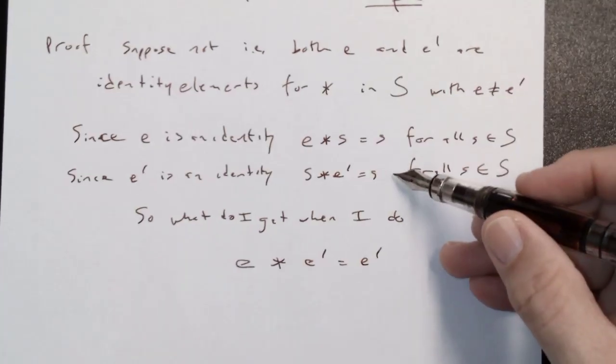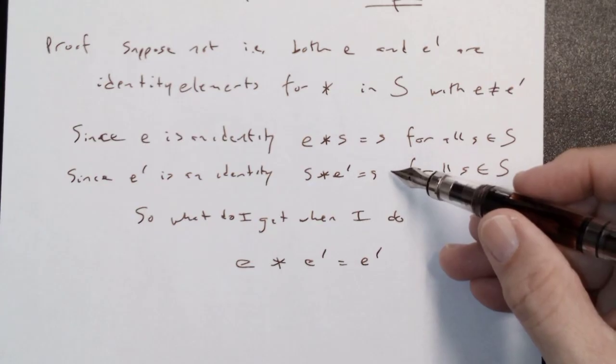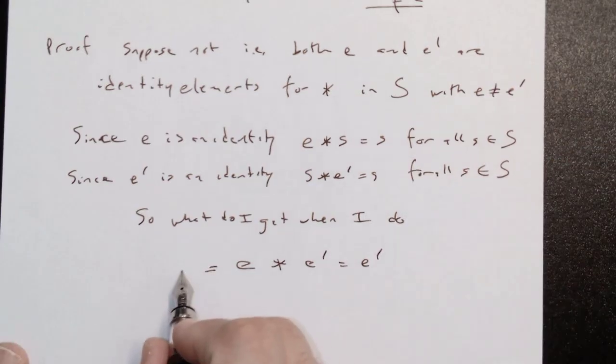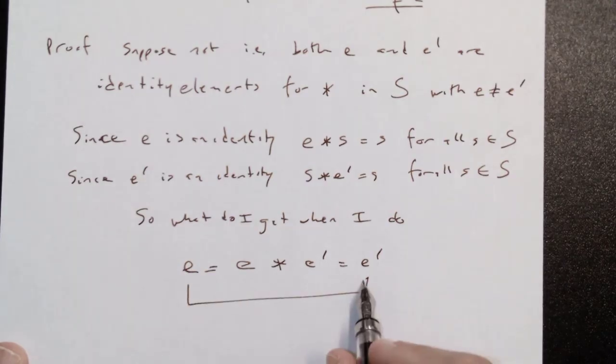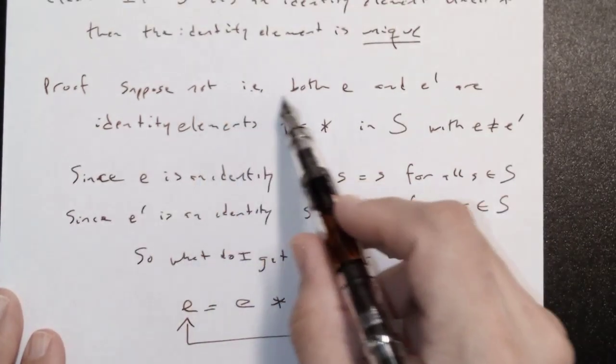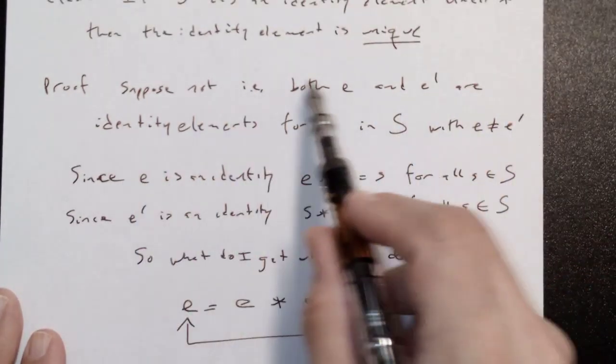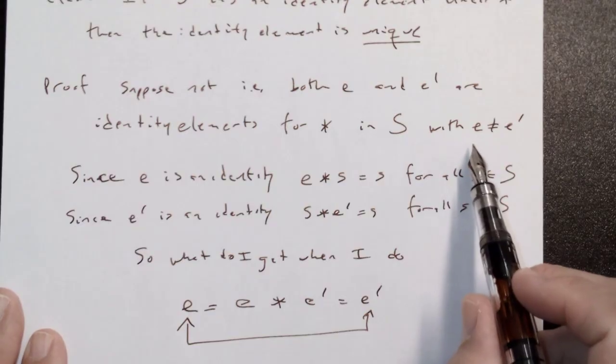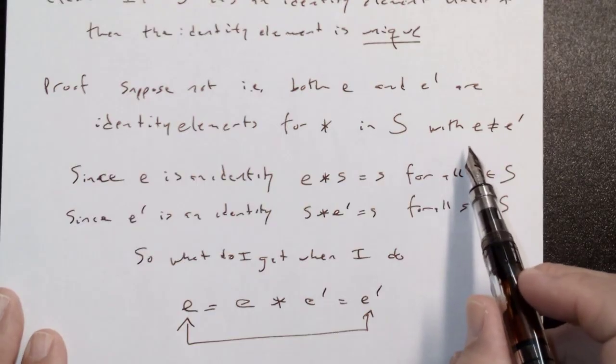But according to this sentence, the answer should be E. What does that tell me about those two things? But my assumption was that they were different. There's my contradiction.